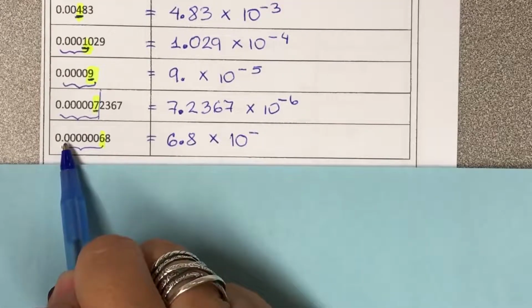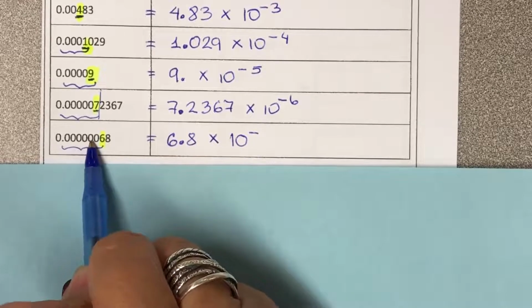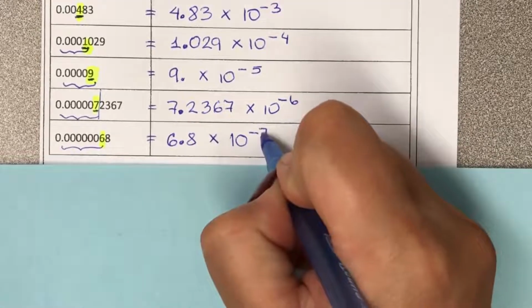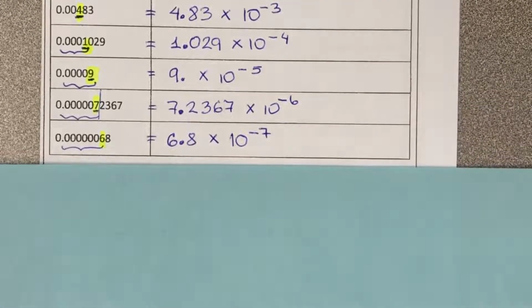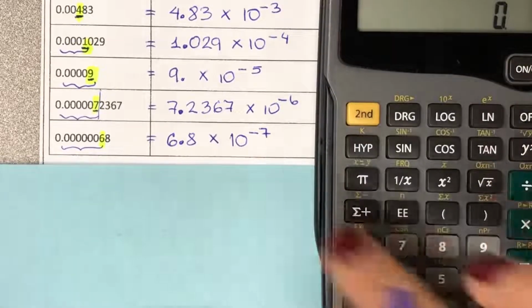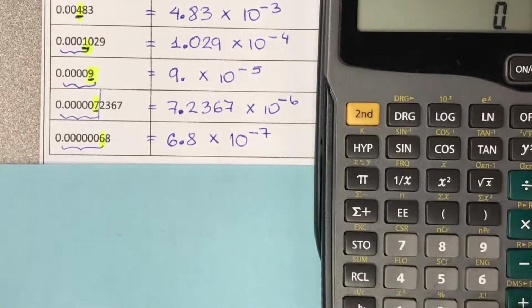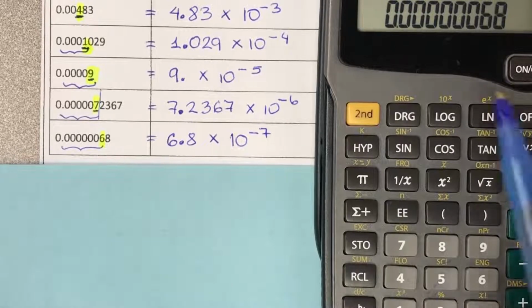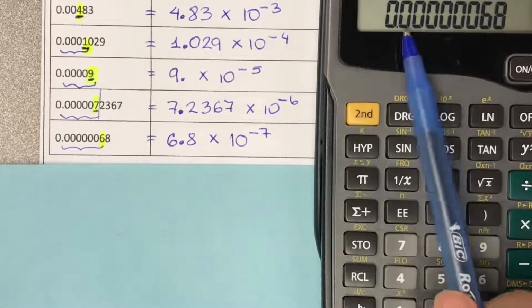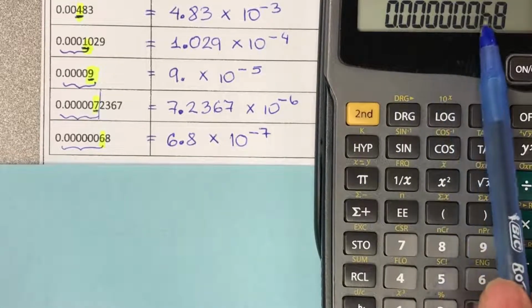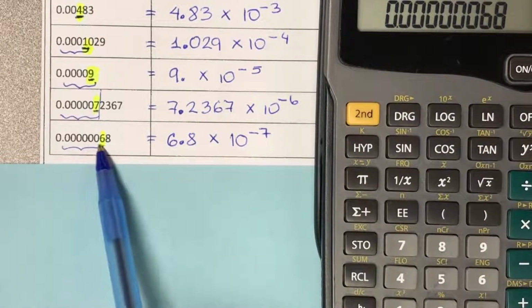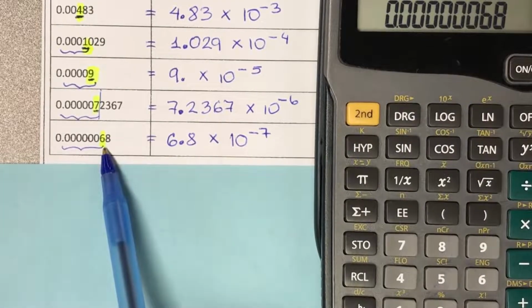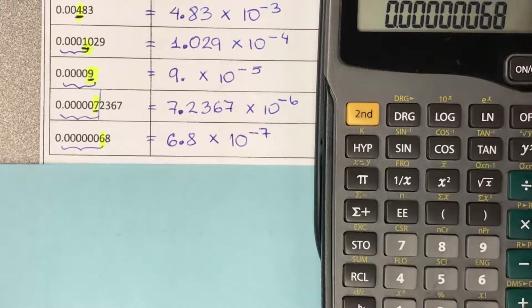How many times do I need to divide? 1, 2, 3, 4, 5, 6, 7. That will be negative 7. So 6.8, if I divide by 10, 7 times, 6.8 divided by 1 with 1, 2, 3, 4, 5, 6, 7 zeros. That is my original number. 1, 2, 3, 4, 5, 6, 7 is the number of digits, including 6, and then the 0.8.